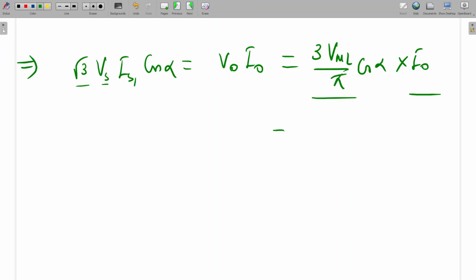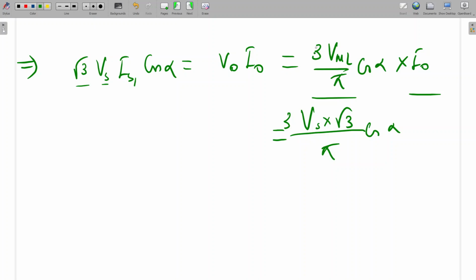So what can we write here? What is the maximum? Maximum will be 3 into Vs into root 3. Is it clear? Yes, sir. By pi into cos alpha. One second.